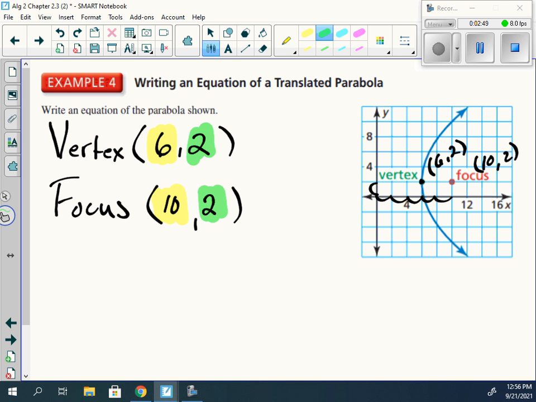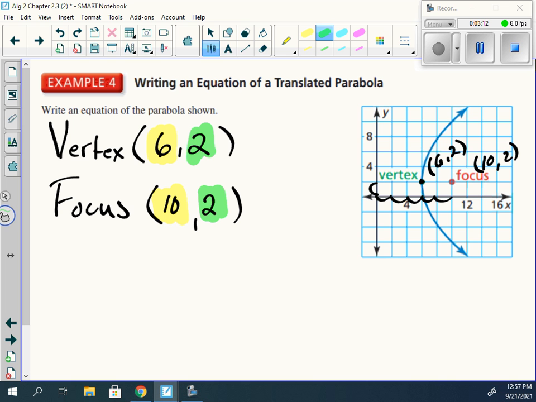So when I look at the general equations for both of these, when we have y equals, the vertex is h comma k. For the focus, we have h comma k plus p. So for the equation y equals, from the vertex to the focus, which variable changes, the x or y?